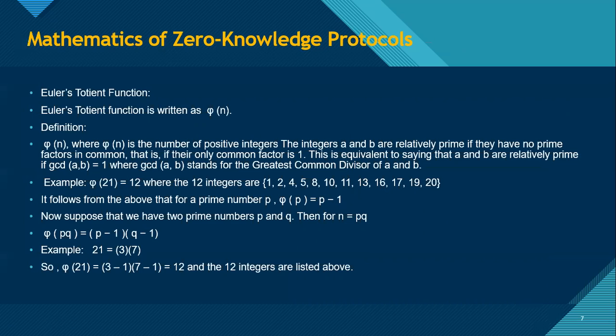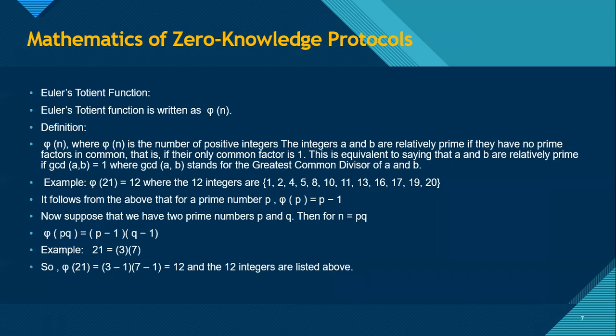Euler's totient function is written as phi(n), where phi(n) is the number of positive integers less than n that are relatively prime to n. The integers a and b are relatively prime if they have no prime factors in common. That is, if their only common factor is 1.